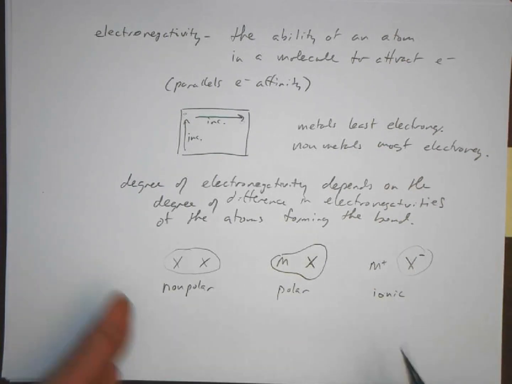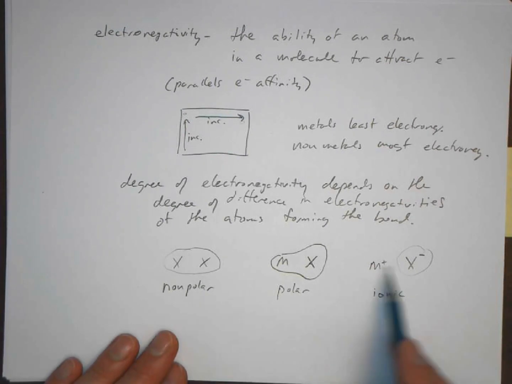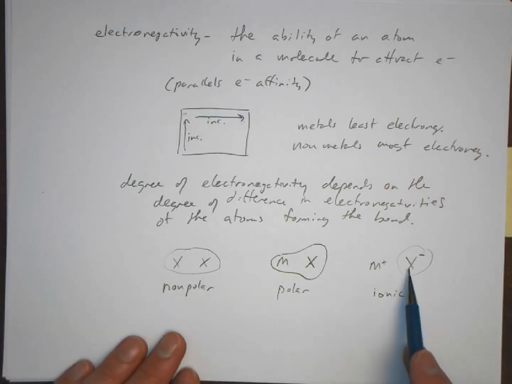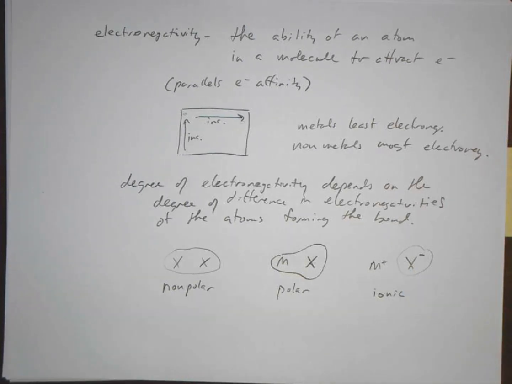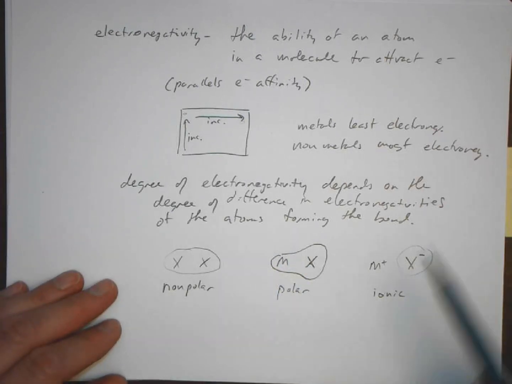So we can think of bonding in one sense as almost a continuum of going from a nonpolar equal sharing of electrons to a total transfer of electrons. So what we'd say is that the greater the difference in the electronegativities, the more polar the bond.